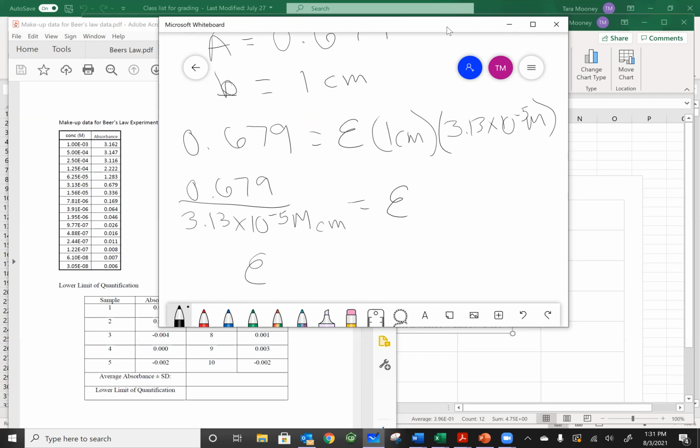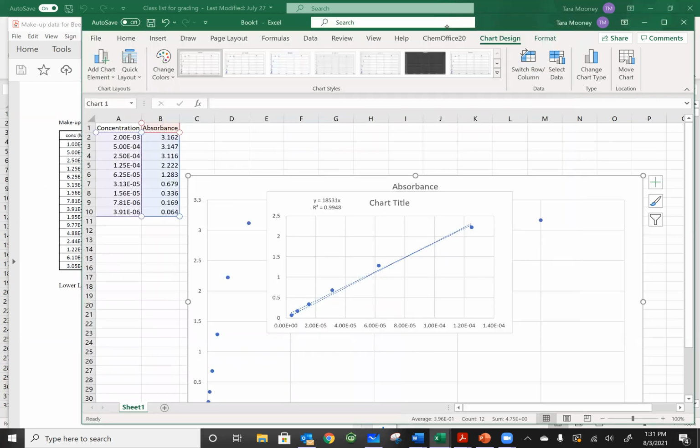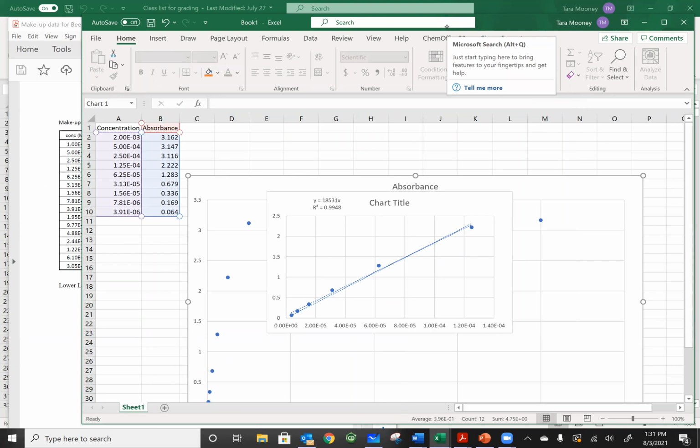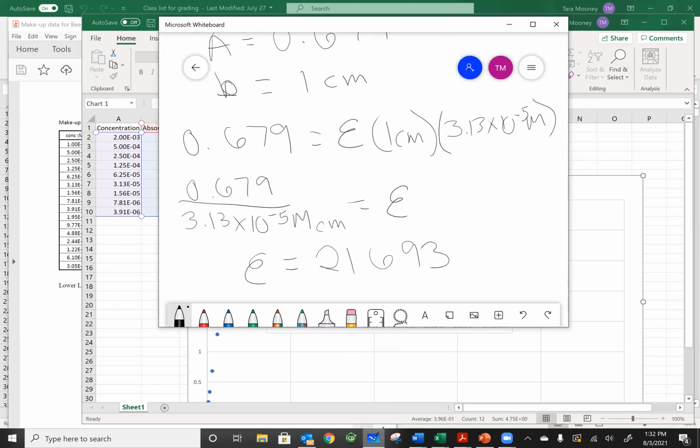And so our molar extinction coefficient is 21693. So let's take a look at the equation of our line. That's pretty close to what we got for a slope. So that pretty much checks out. Okay, so does that make sense to everybody how we did that?